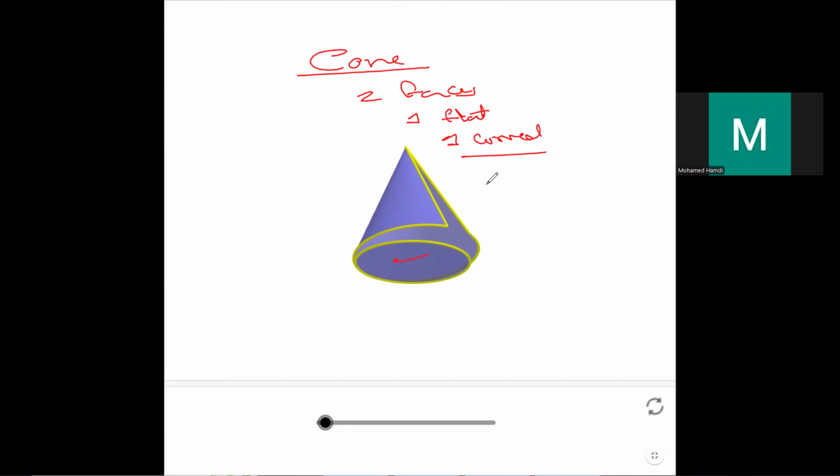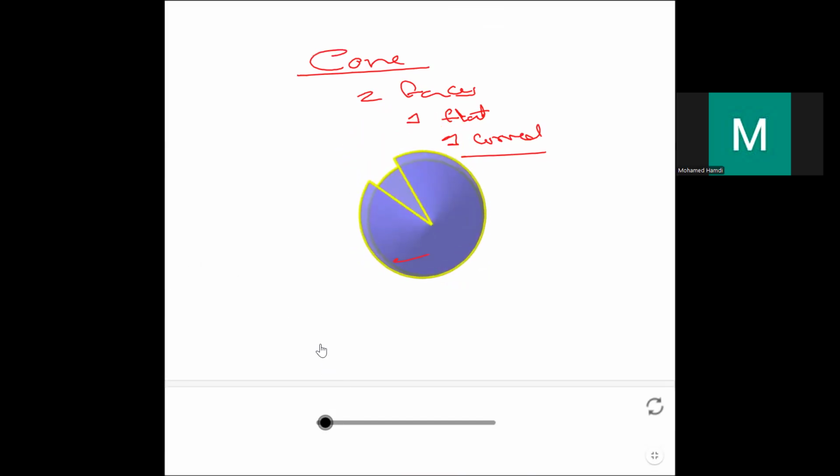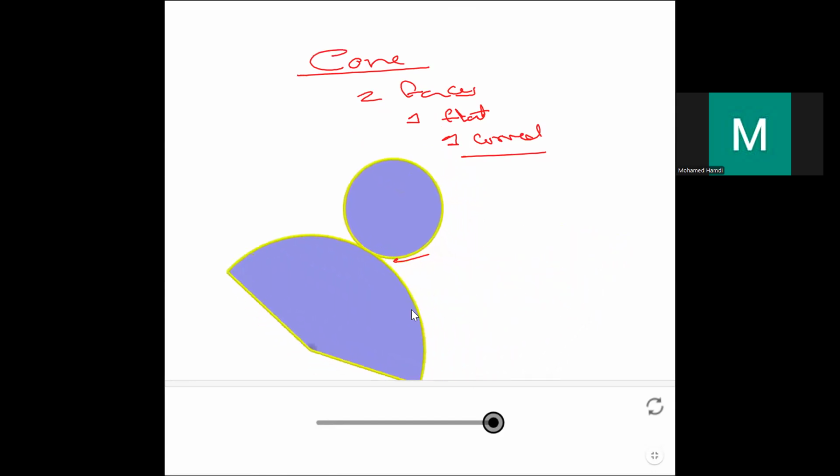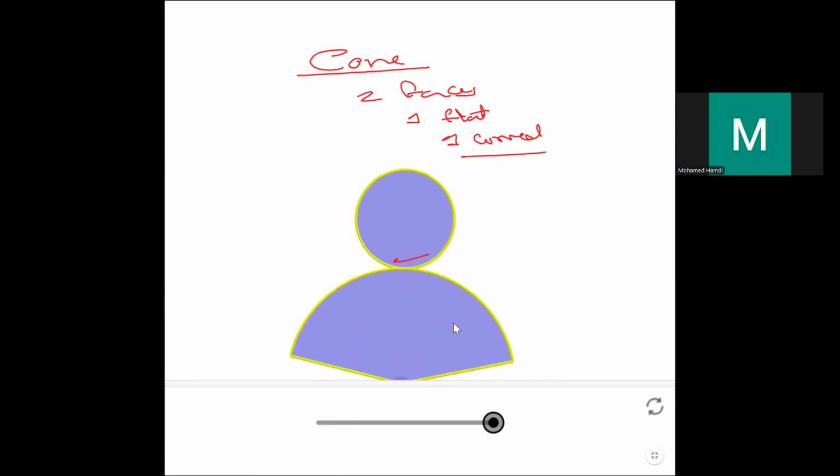There are no vertices or edges. Look at the cone and how it's opened. This is the shape of the cone net.